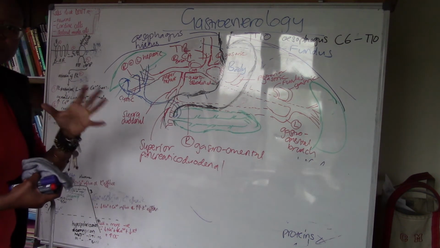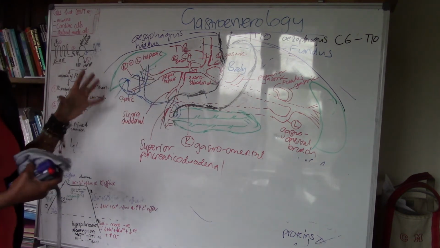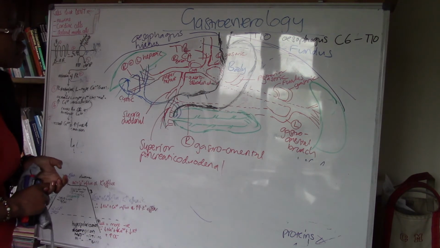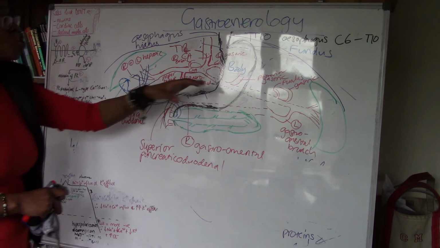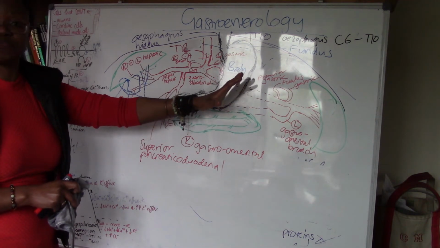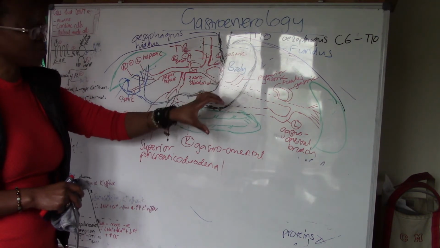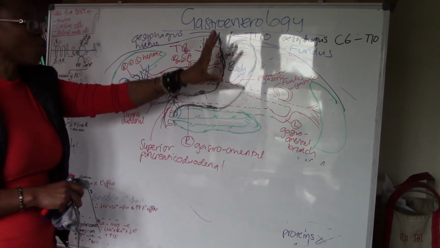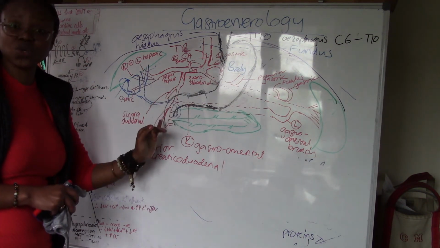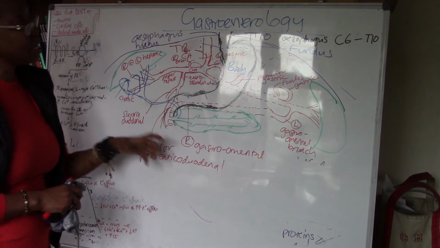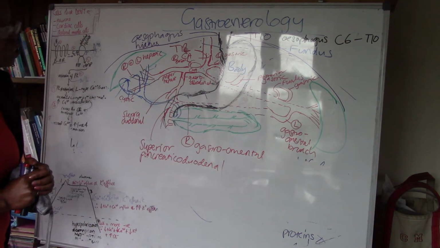I've also given a very brief introduction of the abdominal contents of the foregut, which is what we're looking at right now. I talked about how the stomach secretes gastric juices that are mixed in with the food that we eat to form chyme, which is retained in the stomach and then deposited into the duodenum for the beginning of absorption and digestion.